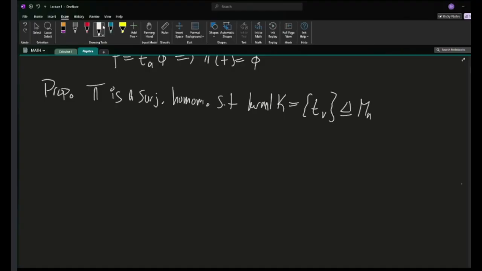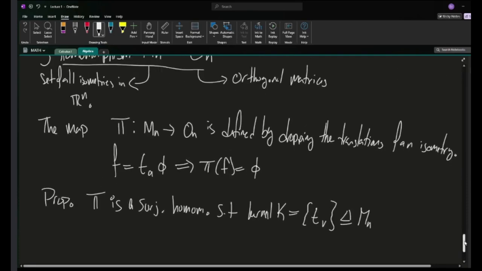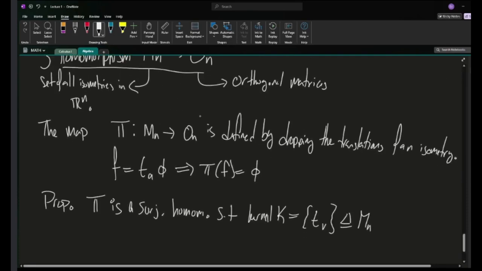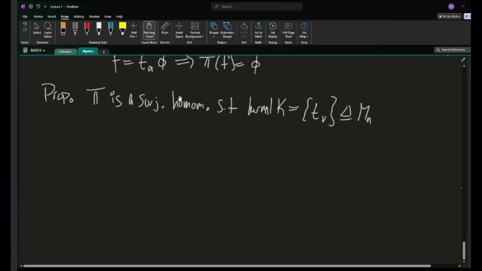So now that we have that, what we're trying to prove here is that if we take these sets of isometries and we map them over to the orthogonal matrices, we can in fact get a surjective homomorphism.